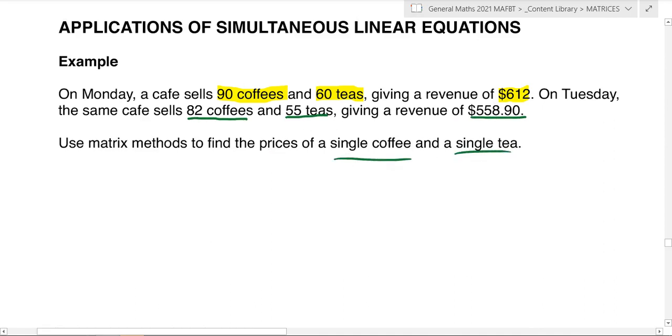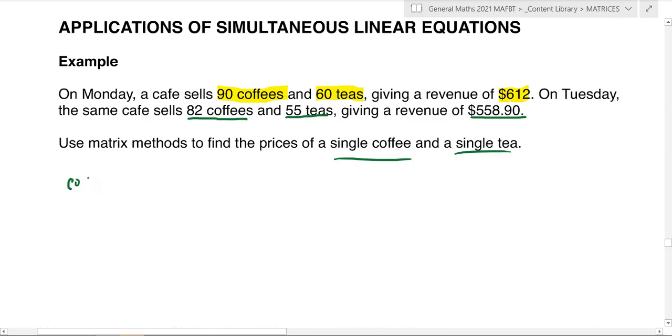What I like to do with these questions, before I start writing down my equation, is look at the 2 variables I'm looking for. I'm looking for coffee and tea, the single price of a coffee and a tea. So I start off by making a note to myself.